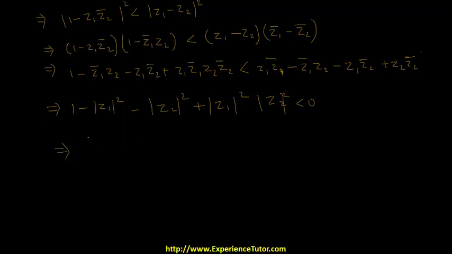Upon solving, we'll get bracket 1 − modulus of z1 square bracket closed, then again bracket 1 − modulus of z2 square bracket closed is less than 0.